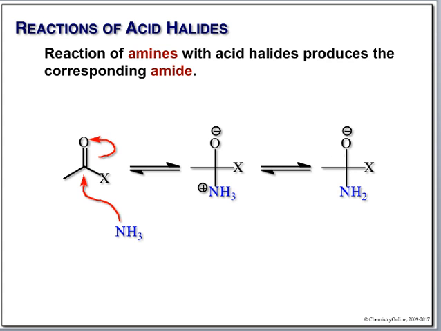In an enzyme, you would catalyze this addition-elimination by having a group situated on the protein to readily accept that hydrogen. Once you get here, it's simple. We lose X and we make our amide. Making amides is very important in biochemistry because that's how you make proteins.